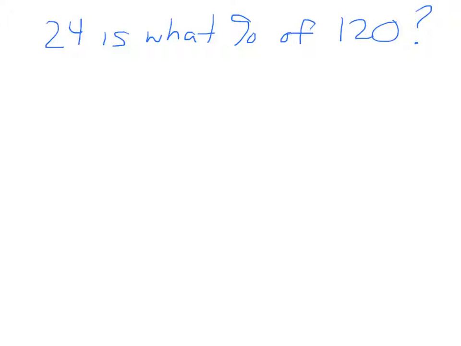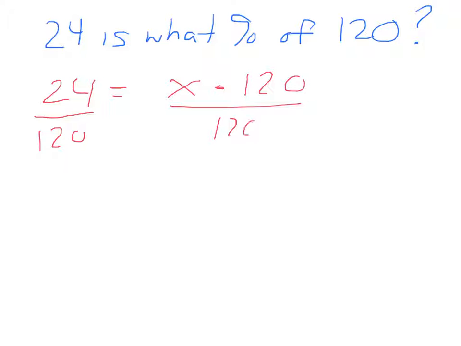Okay, let's see. If we did this one correctly, we would have gone 24 equals x times 120. You would have divided both sides by 120, so the 120s cancel out. I would have taken 24 and divided it by 120.